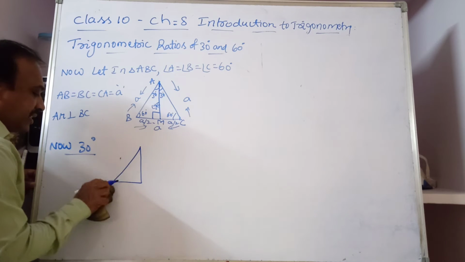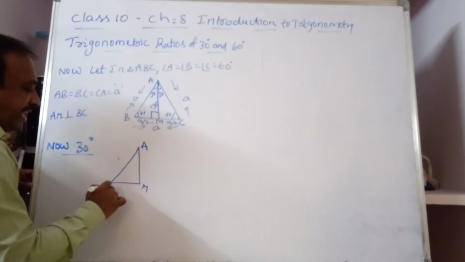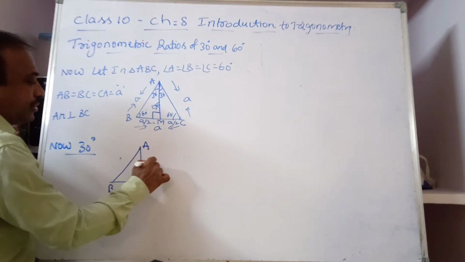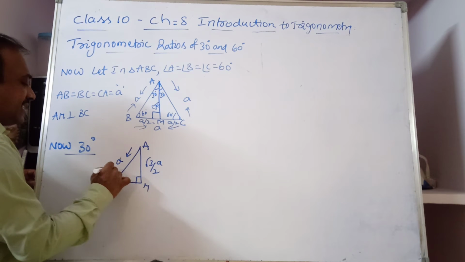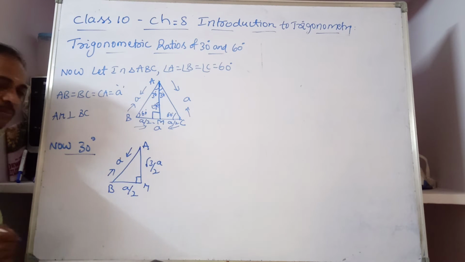This is A, M and B. Here is the right angle, this side is root 3 by 2 A, and this we assumed as A, and BM is the midpoint, so the value is A by 2.